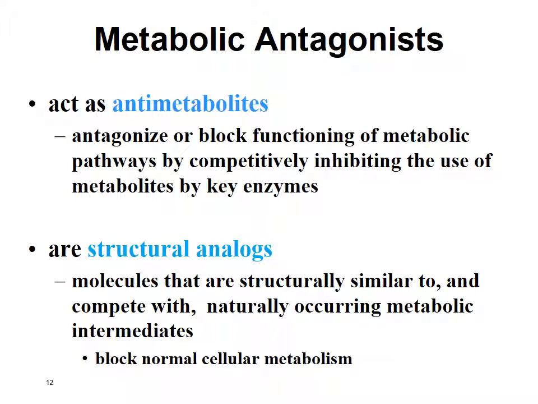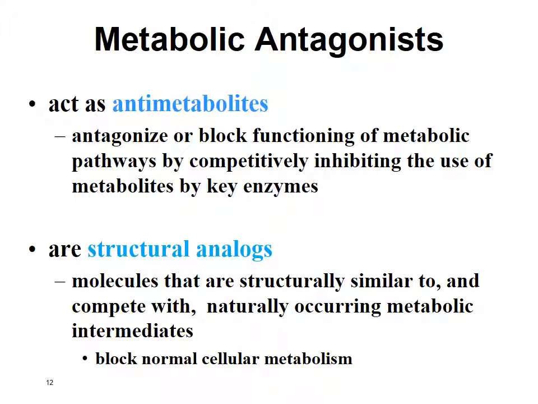Let's move on now to our next group of chemotherapeutic agents. And this group belongs to the class known as metabolic antagonists. That is, they antagonize or block the functioning of metabolic pathways. They do this by competitively inhibiting the use of metabolites by key enzymes.